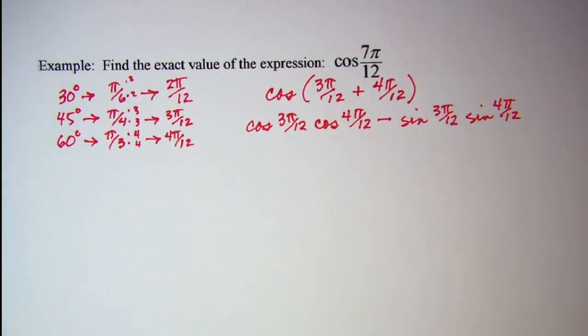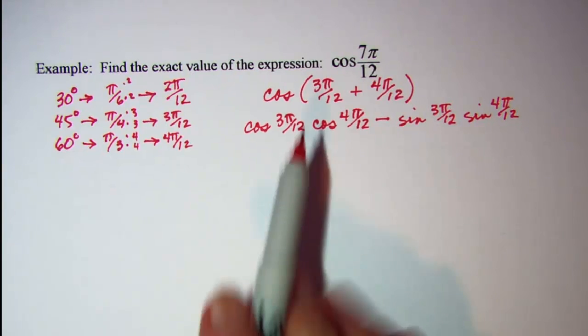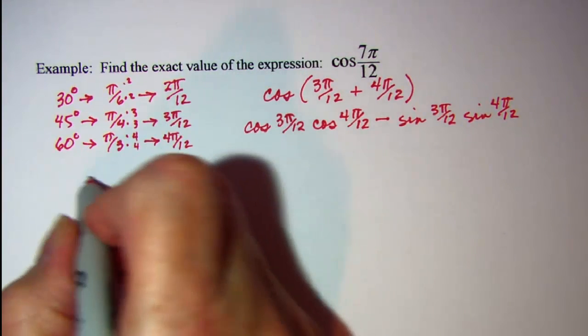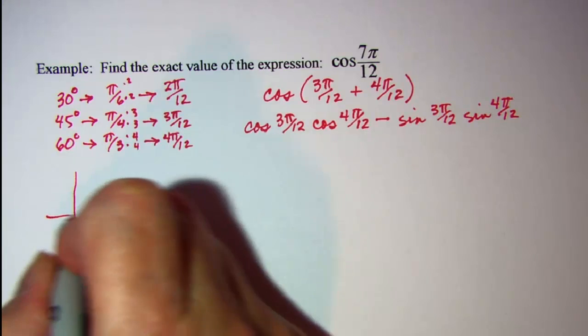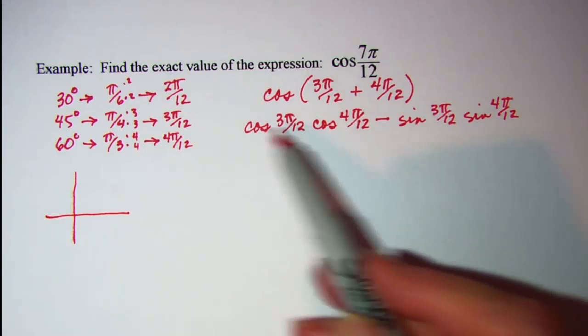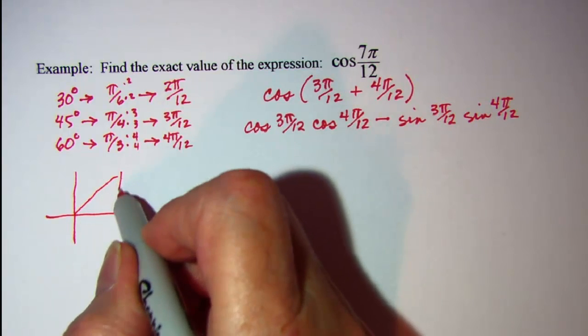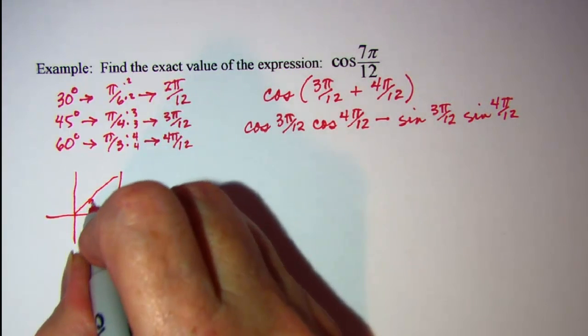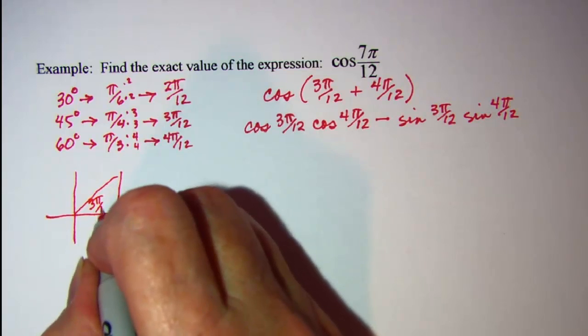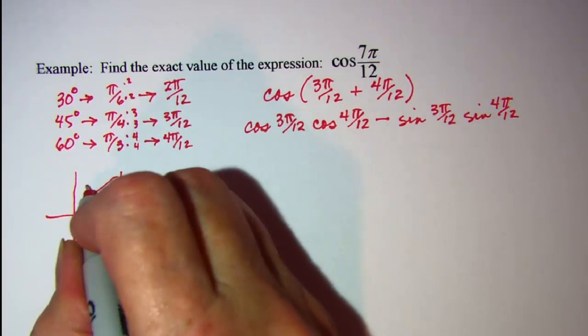Now I'm going to draw my reference angles for these two. 3 pi over 12 we said was 45 degrees, so that's in quadrant 1. This is 3 pi over 12, and I have 1, 1, root 2.